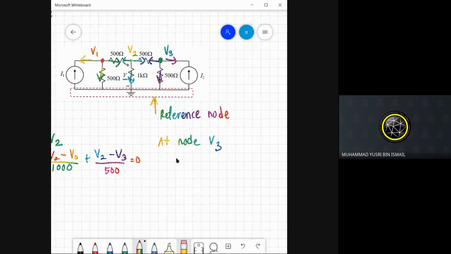Okay. Here, node V3, you have current going to the left, downward, and to the right.